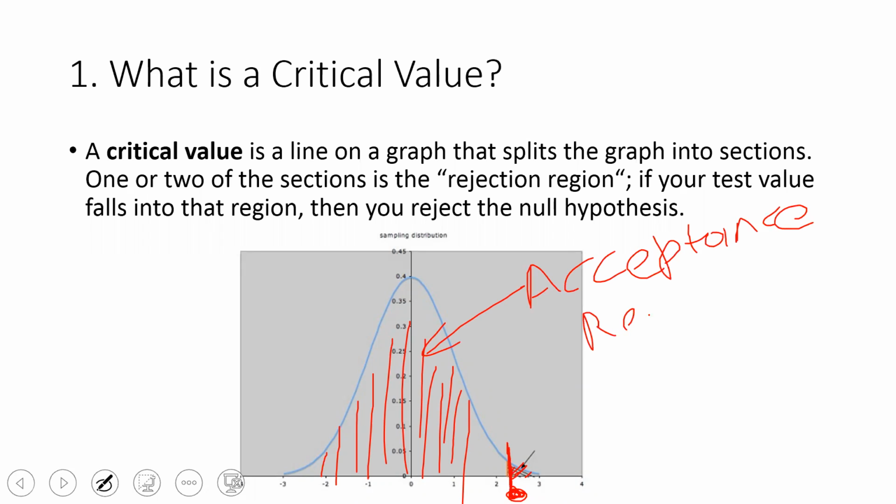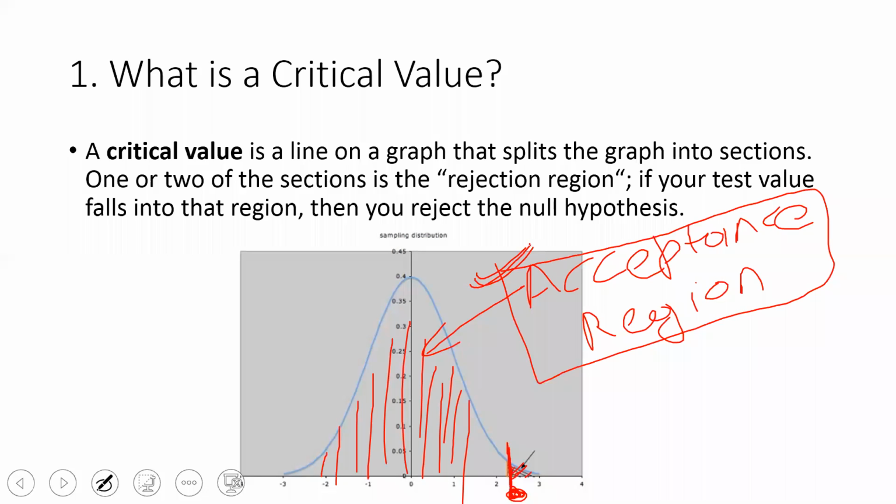Acceptance of what? What will I be accepting? Come on, acceptance of what? Null hypothesis. Yeah, acceptance of null hypothesis.